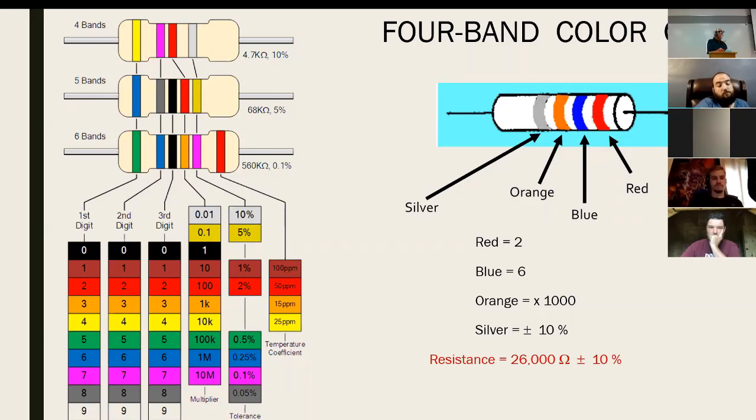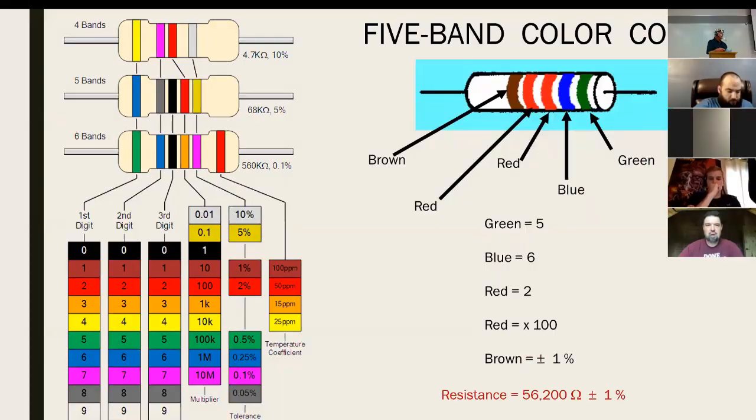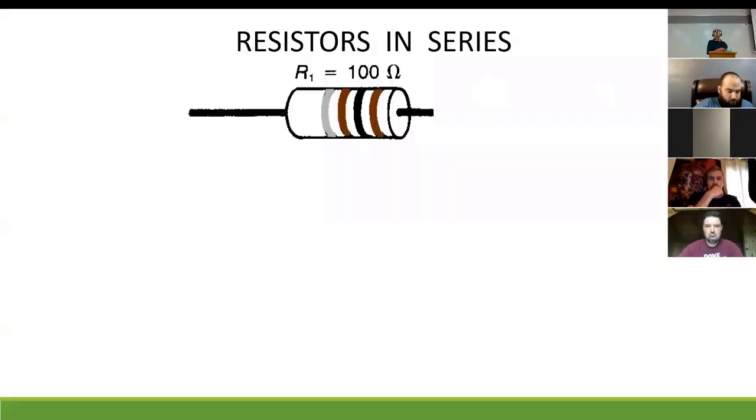So this was 26 times 1,000. The silver stripe, the last stripe, shows the tolerance, plus or minus 10%. So this is a 26,000 ohm or 26K ohm resistor with plus or minus 10%. So there's the 5-band, and I didn't put the 6-band up here.